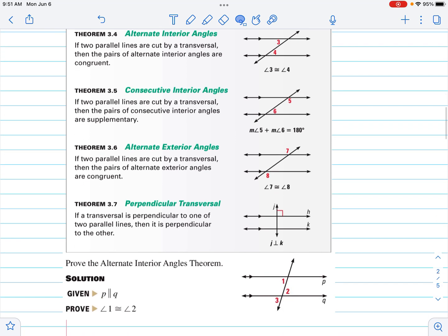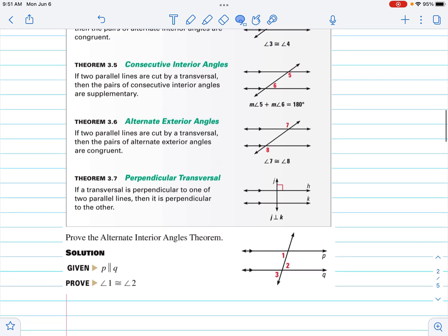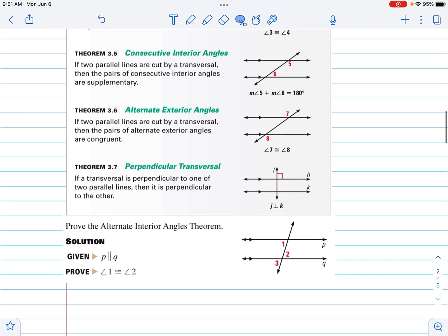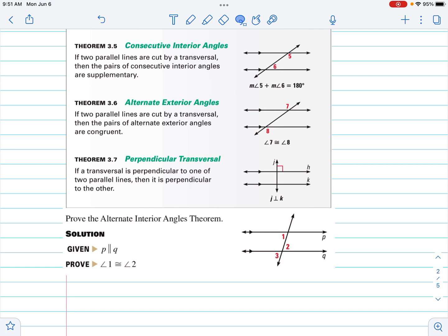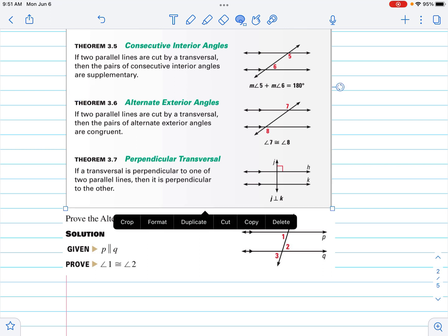We have consecutive interior angles: if two parallel lines are cut by a transversal, then the pairs of consecutive angles are supplementary. So this is 3.5. These are things that we're going to use, and some of them we're going to be asked to prove. This is 3.6: if two parallel lines are cut by a transversal, then the pairs of alternate exterior angles are congruent.